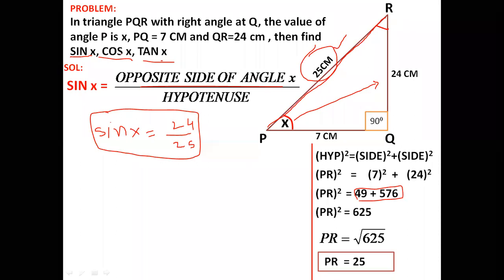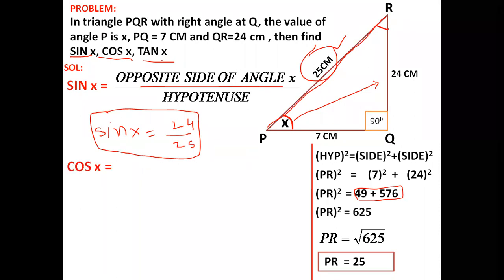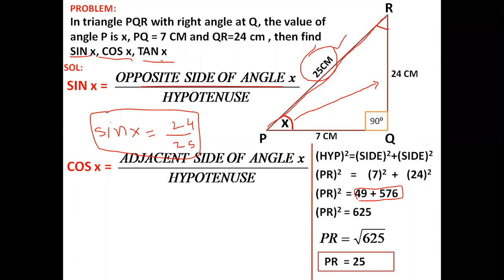Now you have to find cos x. What is the formula for cos x? Adjacent side of angle x by hypotenuse. What is the adjacent side of angle x in the figure?